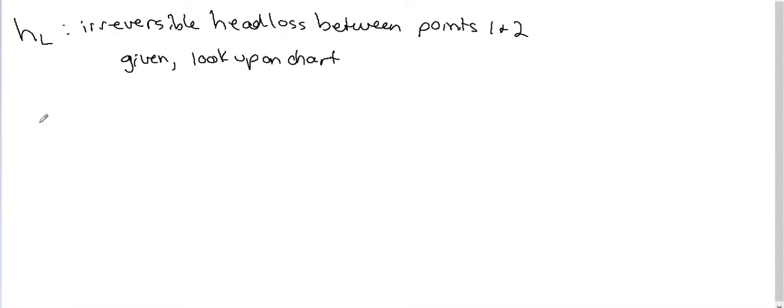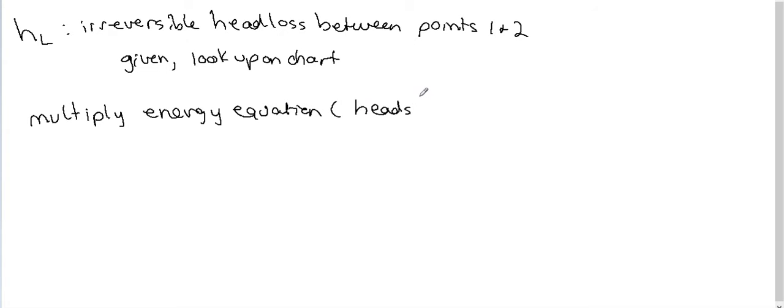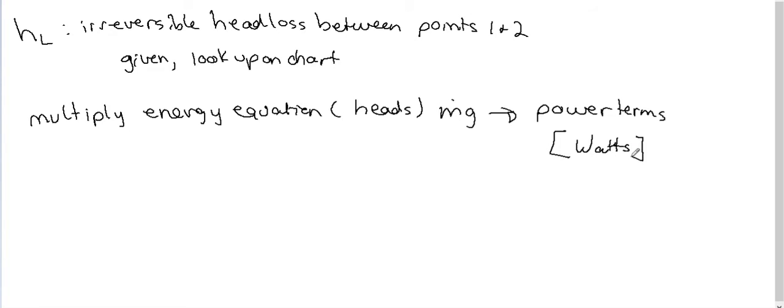So we're going to multiply the energy equation, when it was in terms of heads, by m dot g, and that's going to give us terms that have power units, and of course the unit will be watts. Alright, so let's write that out now. So we're going to multiply everything by m dot g.